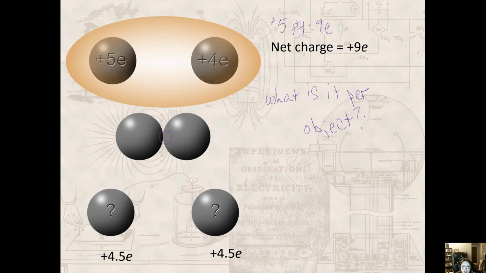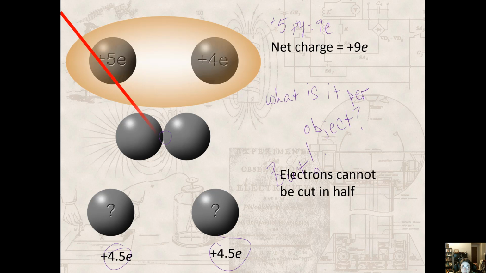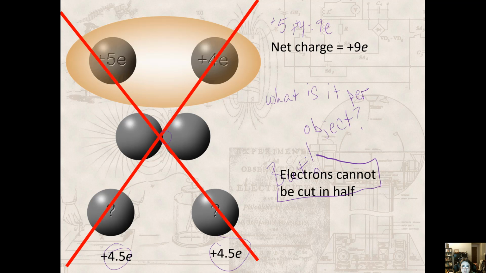It should be 4.5 elementary charges and 4.5 elementary charges. However, electrons cannot be cut in half. So this is not allowed.